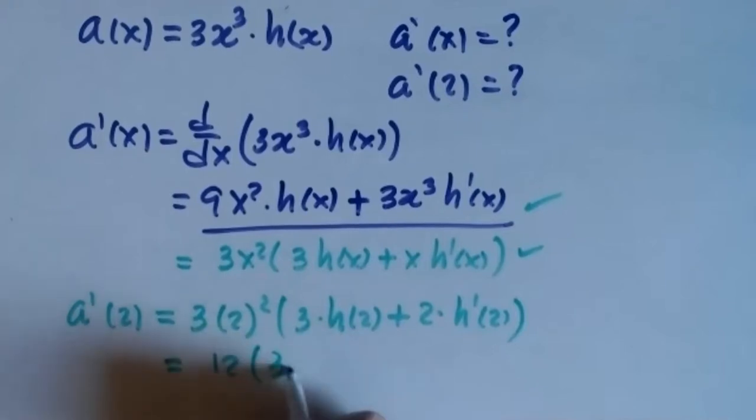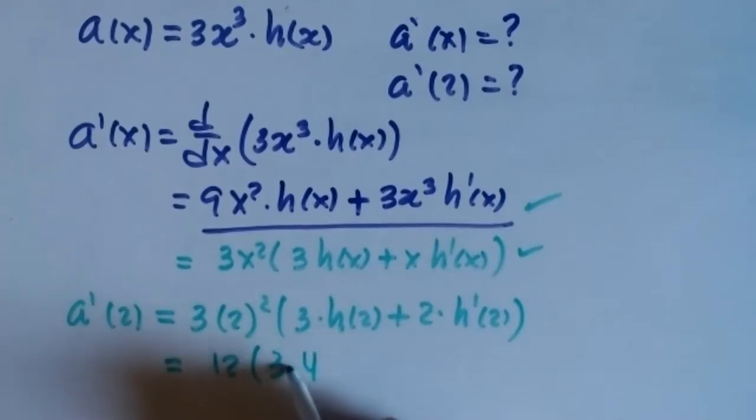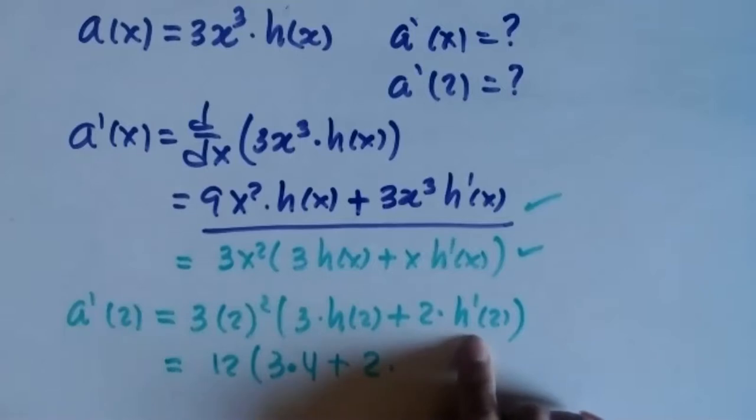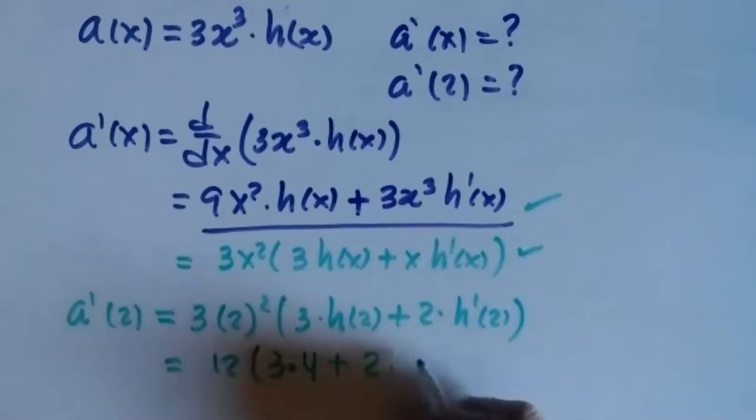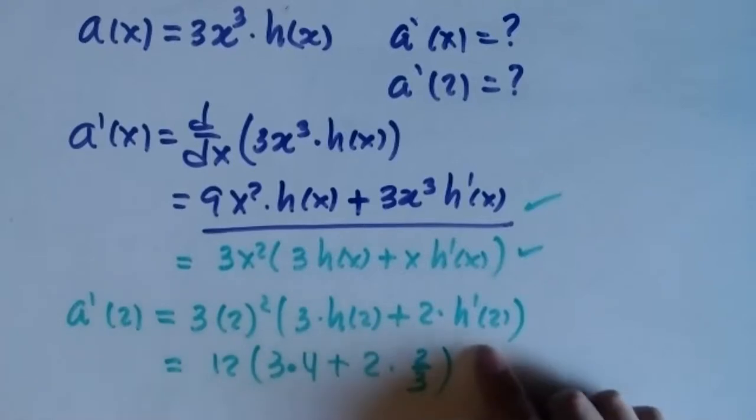This is 3 times h of 2, and in the problem you have h of 2 as a 4. Then you have 2, and then you found this derivative. What is this derivative? Negative 1? No, positive 2/3, correct? Because we found in the previous question that this is 2/3.